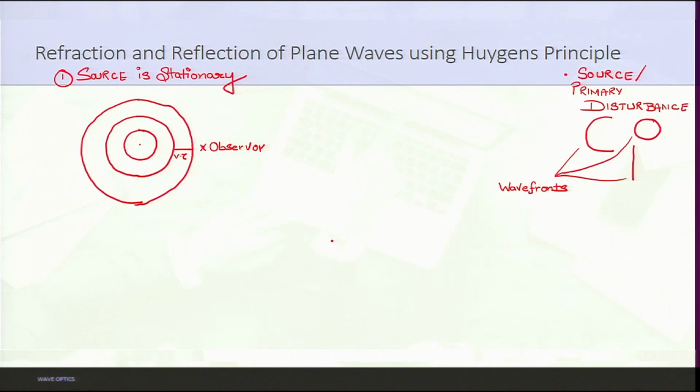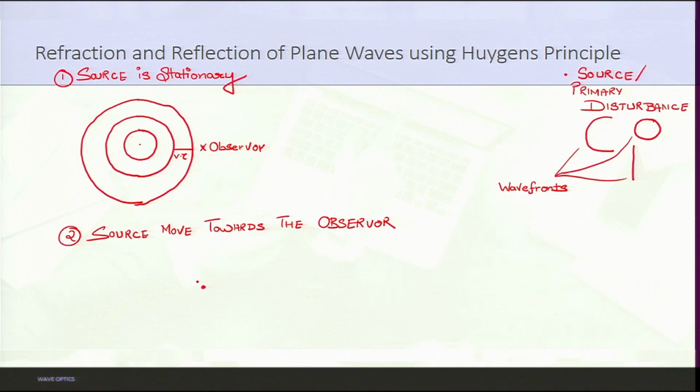Now, for the second portion, let us suppose that I am moving the source towards the observer. So, now I will try to make a diagram, as accurate as possible. This time the diagram would be somewhat like this.